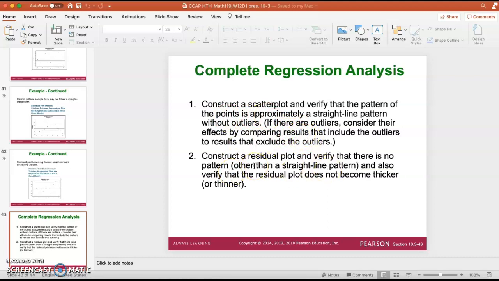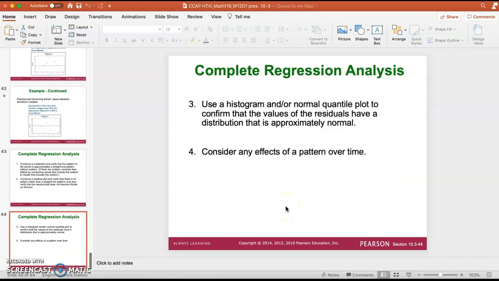And hopefully there's no pattern, it's not becoming thicker, and they're all staying relatively close to zero. You could take it further by making a histogram or a normal quantile plot to confirm that the values of the residuals have a distribution that is approximately normal. But again, what we'll be doing is just making sure that they all stay relatively close to zero.